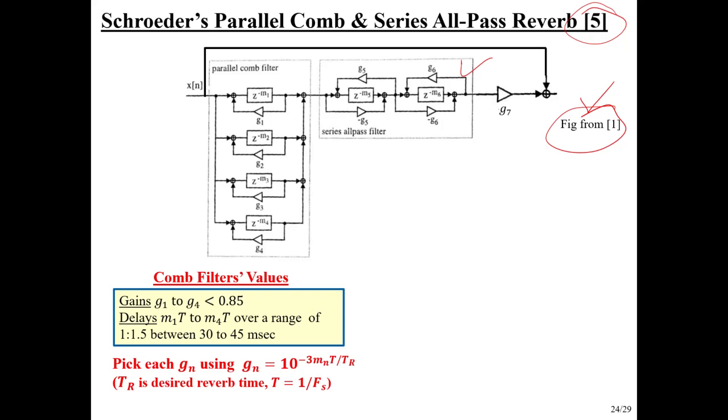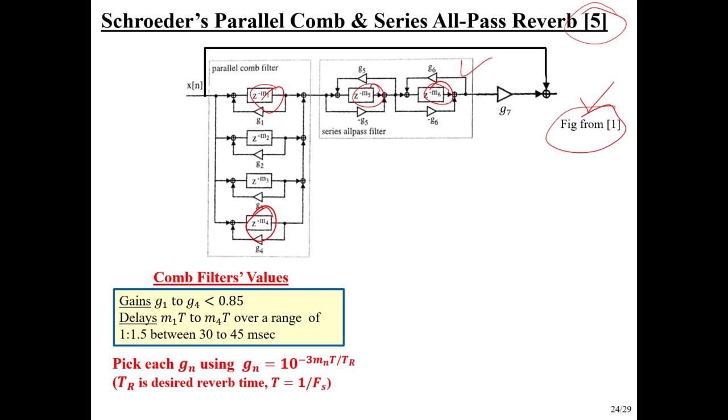And then he gives some guidance on how to pick the gains and how to pick the delays. So remember, these M's have to be incommensurate, and these M's have to be incommensurate. And you probably ought to keep all of those incommensurate with each other just to be safe, although I'm not sure he states that.